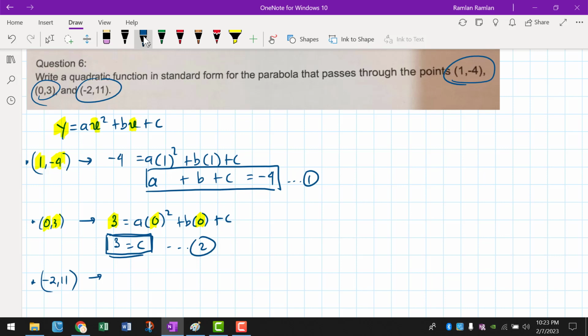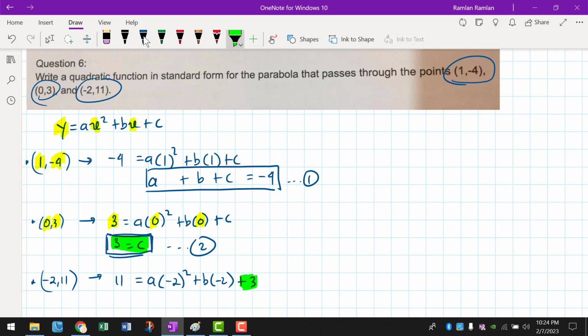So that will be 11 as the y, equals a times negative 2 squared plus b times negative 2, plus 3, because I know that the value of c is 3.